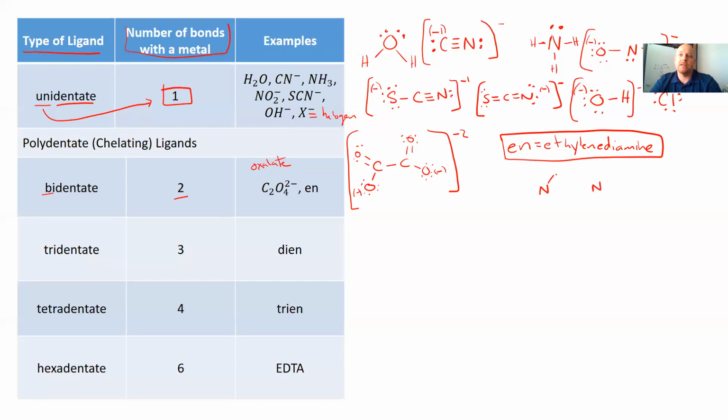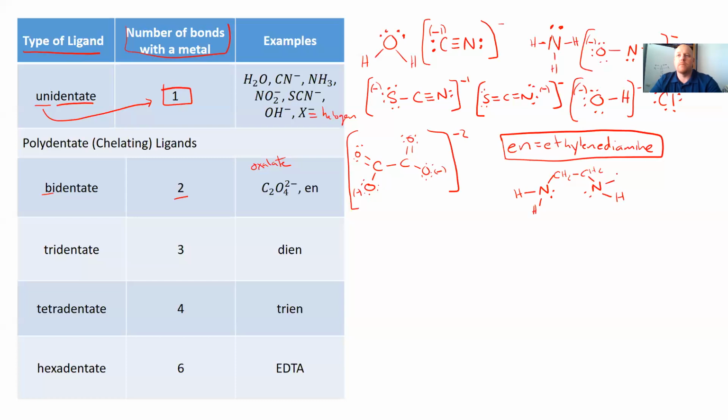The ethylene tells you there is a CH2 bonded to a CH2, and those two nitrogens are linked via this ethylene. The nitrogens each have another hydrogen on them and a lone pair.